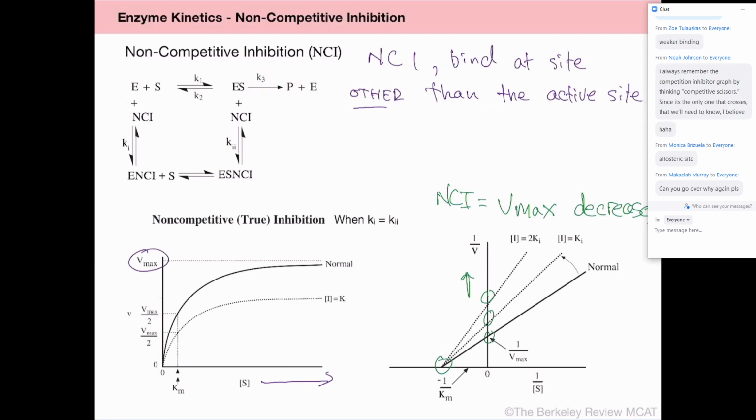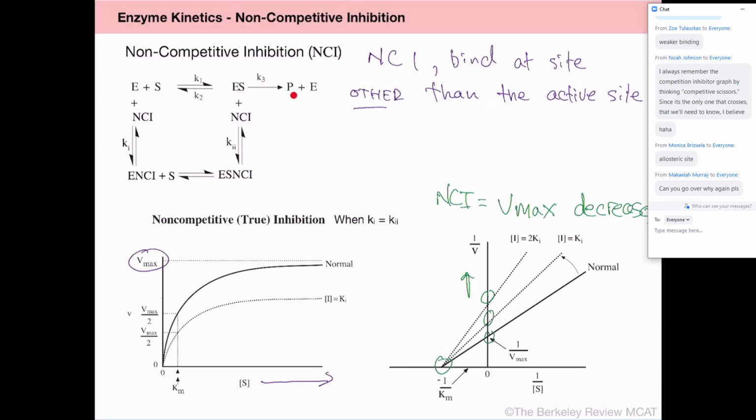However, if you introduce an inhibitor, you don't get any product formation. Your inhibitor can bind to the free enzyme and go down here, or bind to the enzyme-substrate complex and go down here. So no matter how much substrate you feed it and keep increasing the substrate concentration, it doesn't matter, because your inhibitor can still stop the enzyme-substrate complex from going to product.